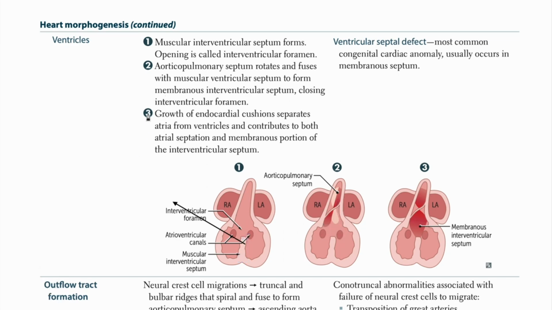Okay. So now we have growth of endocardial cushions separates atria from ventricles and contributes to both atrial septation and membranous portion of the interventricular septum. Again, that's the endocardial cushion. It separates the atria and the ventricle and contributes to both the atrial septation and membranous portion of the interventricular septum.